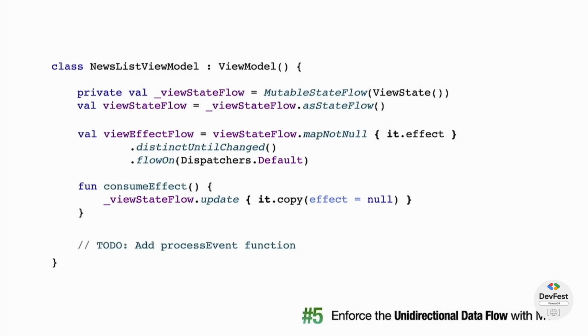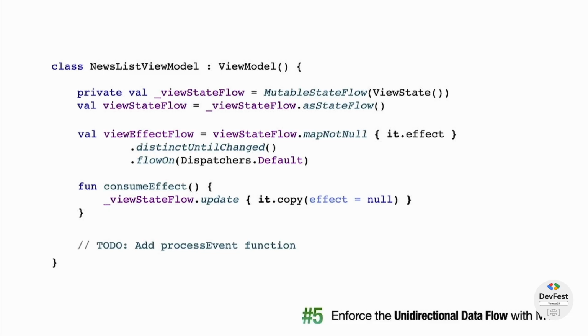So let me briefly describe why we end up with this approach. With LiveData, this was so easy with the SingleLiveEvent implementation that we had. But what happened? Flows, like shared flows, behave a certain way. When you send an event to a shared flow, if there is no observer, the event is lost.